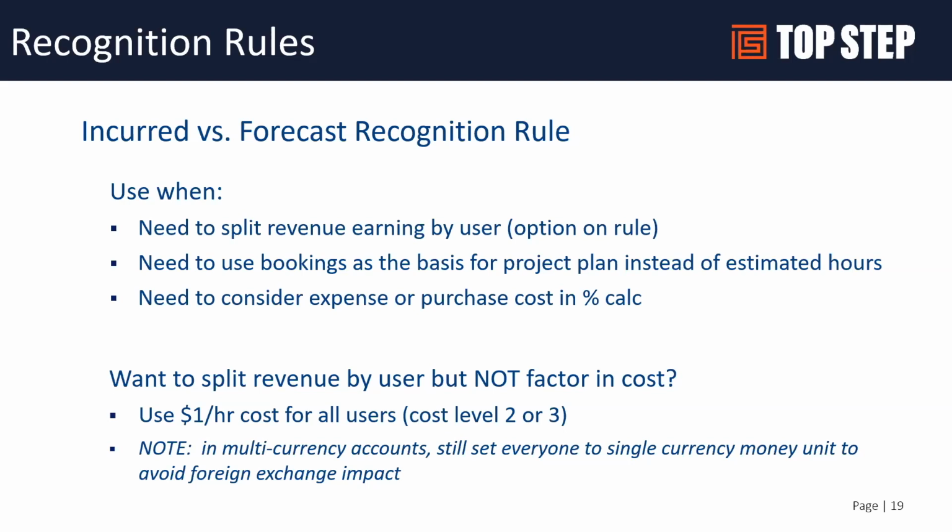So by using $1, you can then calculate an hours over hours calculation for labor. A lot of customers do this because of, again, the benefit of being able to easily audit and back into the revenue numbers using the hours calculations. So it's a good way.